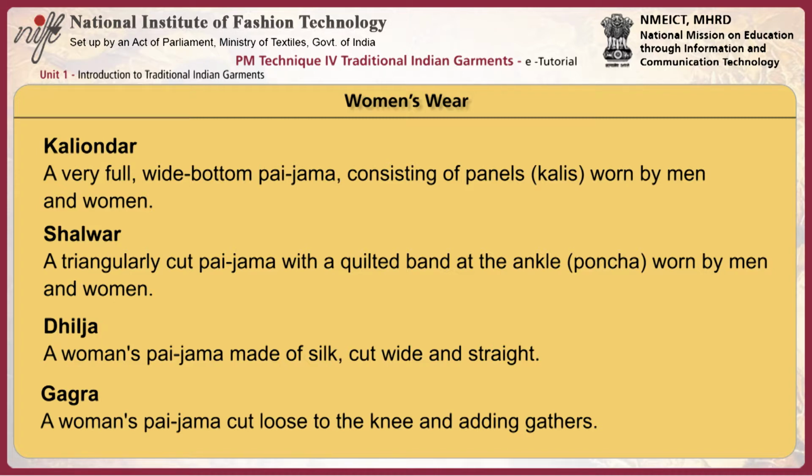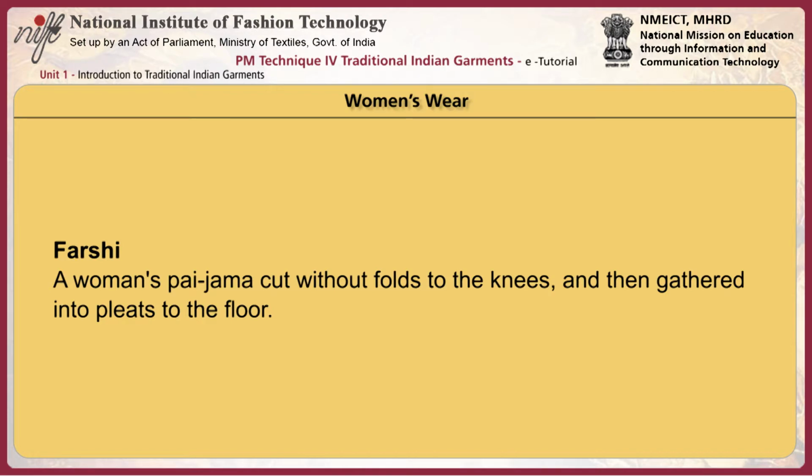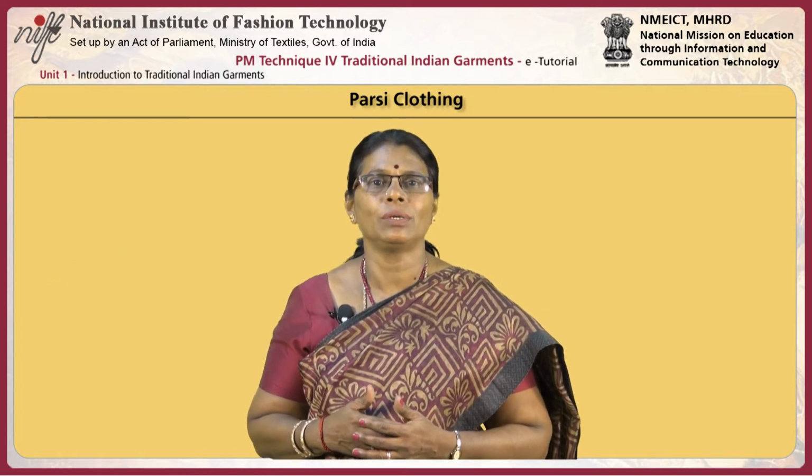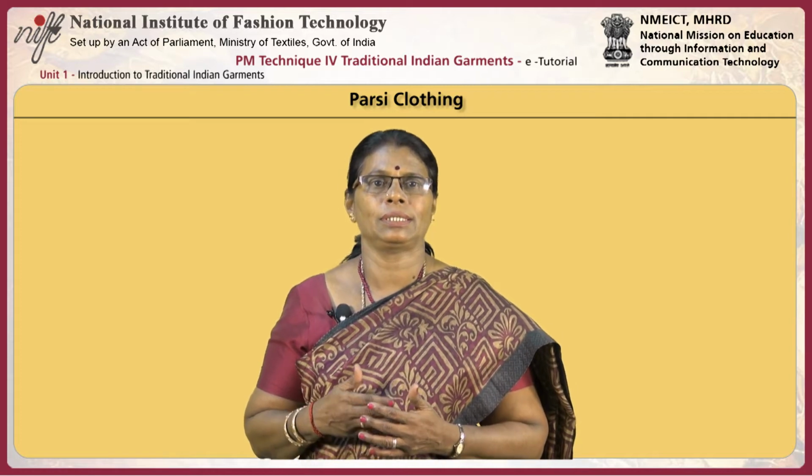Gagra is a woman's pajama cut loose to the knee with added gathers. Farsi is a woman's pajama cut without folds to the knee line and then gathered or pleated to the floor. Finally, we will look at the clothing of the Parsis.